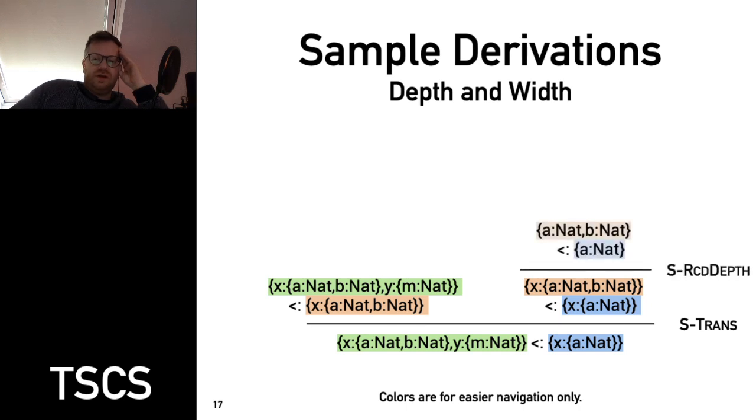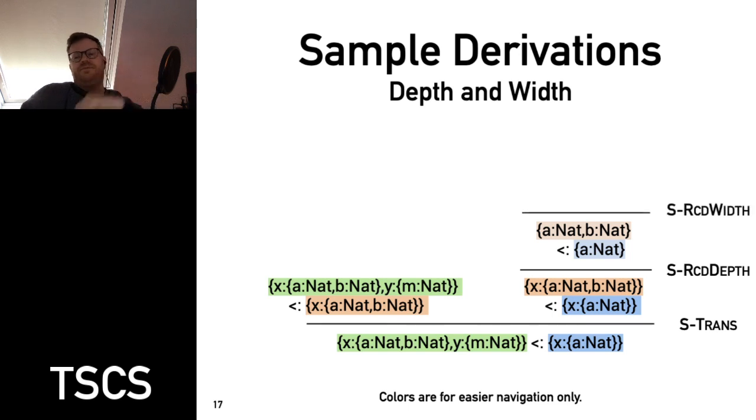So let's start on the right side again. For this, we need to have the RCD depth rule, because in the orange part, X is of type A nut and B nut, and we need to show that these two are basically in a subtyping relationship. So this light orange and light blue one now, and the SRCD width rule gives us that without any premise.